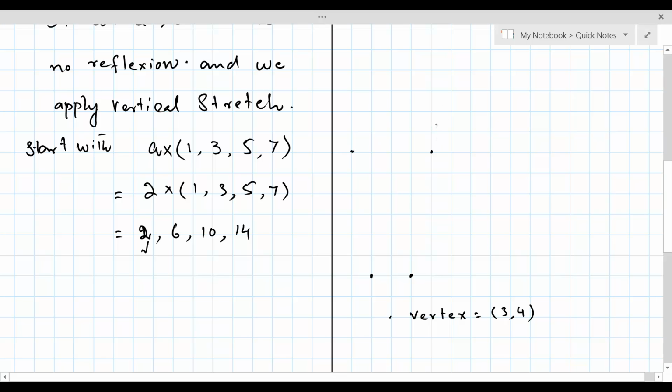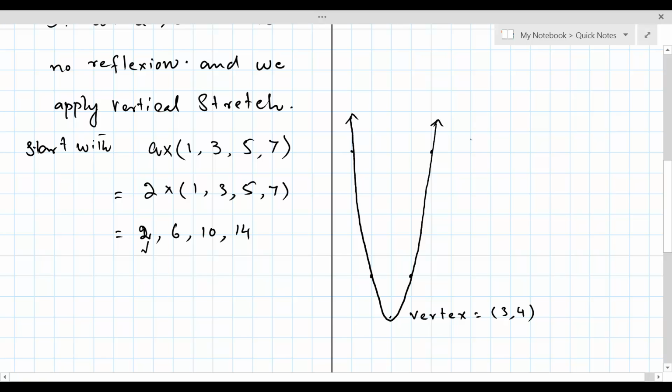Here we smoothly draw the graph through these points, and here is our graph passing through these points. We can use arrows to indicate that there are more values.